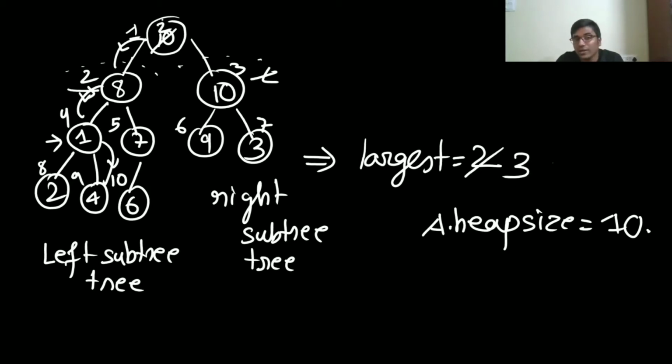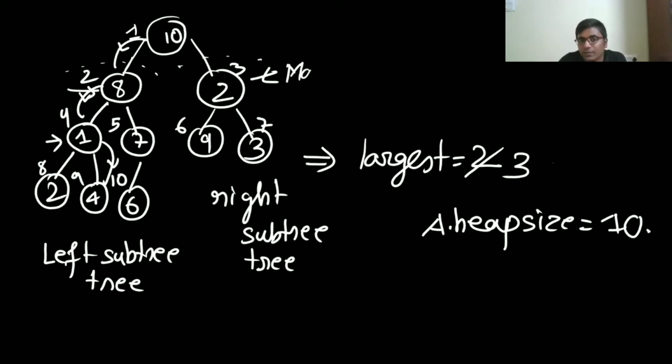Now largest is not equal to the index of the parent. No, it is not equal. So now you need to do the swapping between largest and the parent index. So here it will be 2 and here it will be 10. Now see, after swapping the condition may get violated.